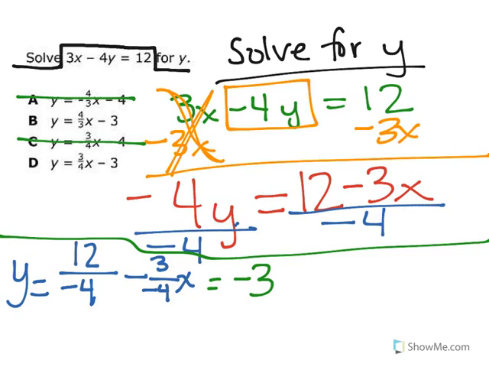Next, I see a minus 3 divided by negative 4. Well, negative divided by negative is a positive. So I'm adding 3/4 times x, which is D.